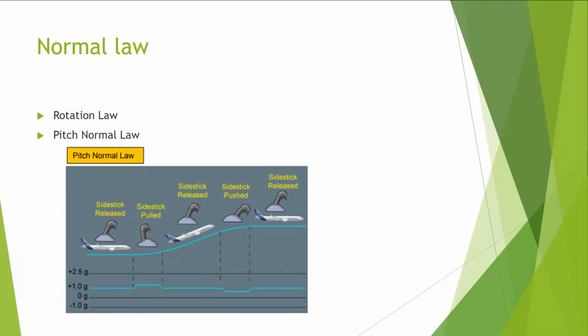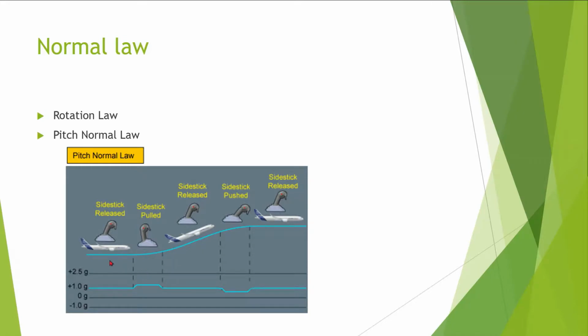which is to minimize the risk of tail strike, and also the pitch normal law, which is to control the flight path of the aircraft through a load factor demand to secure the flight envelope.